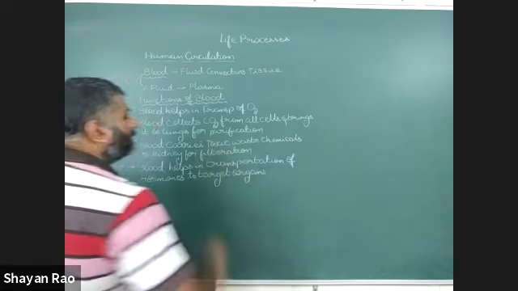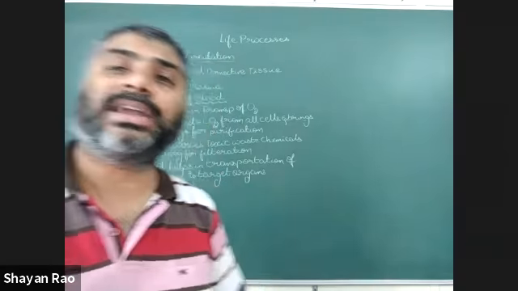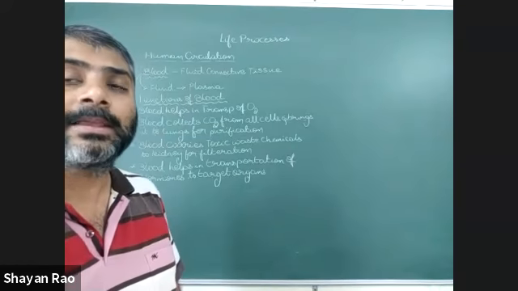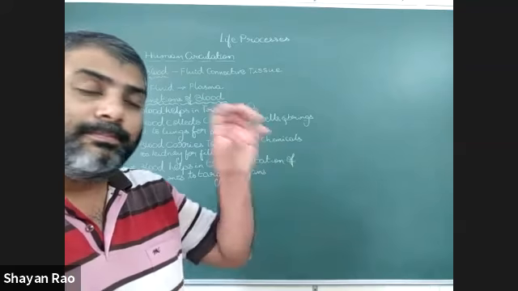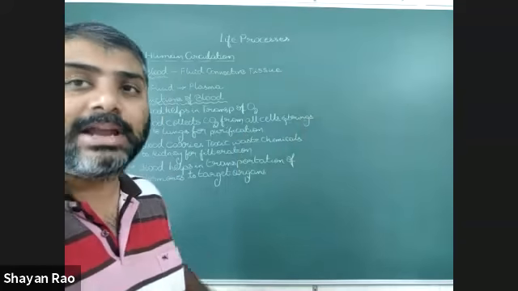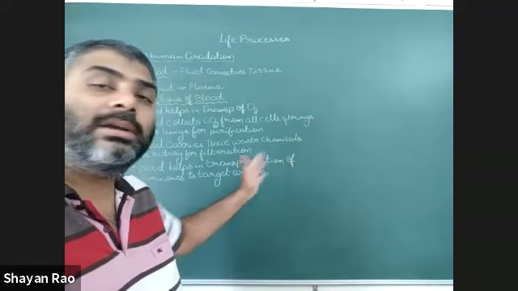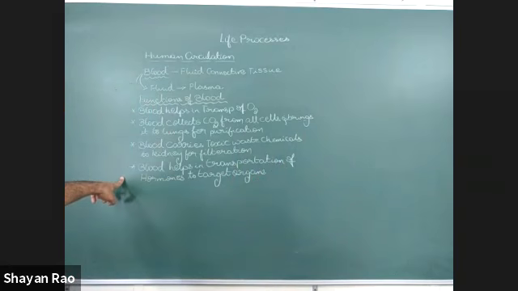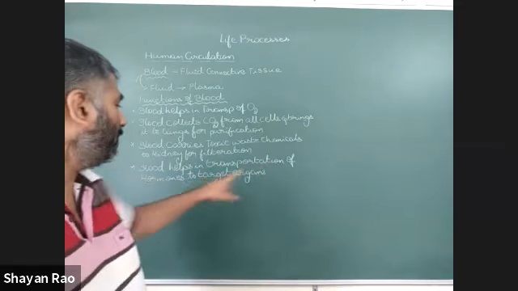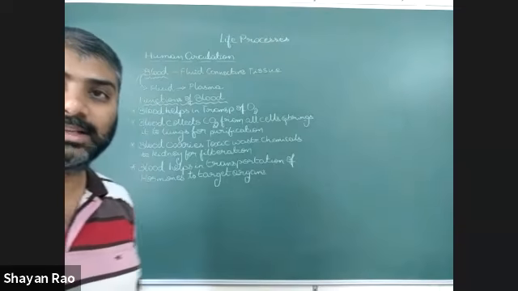All the hormones are secreted from various glands in the human body. Those glands pour their secretions into the blood. Blood will carry that to the target organs to show its functions. So this is the fourth function: blood helps in transportation of hormones to the target organs. Is that clear to you?